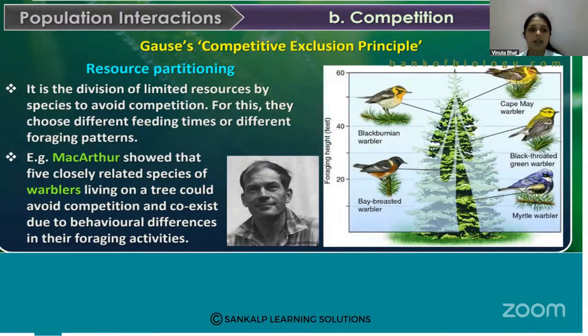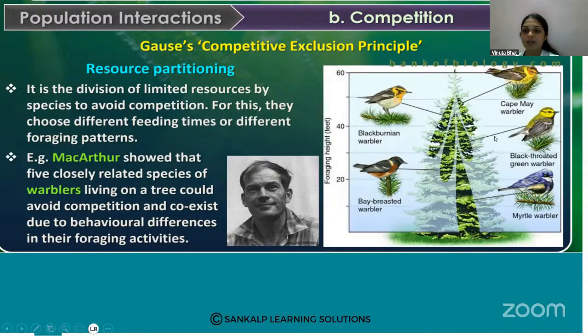For example, MacArthur showed that five closely related species of warblers living on a tree could avoid competition and coexist due to behavioral differences in their foraging activities.